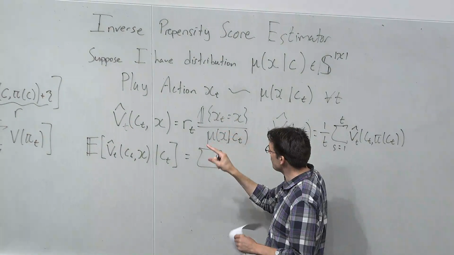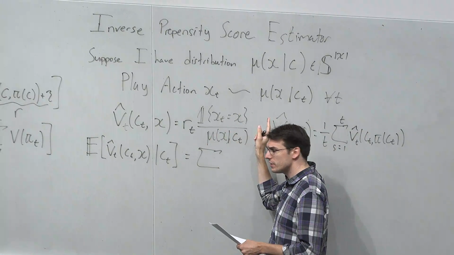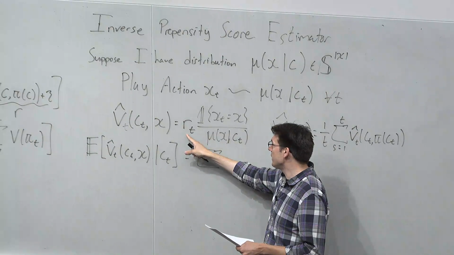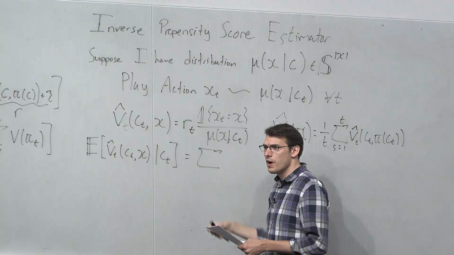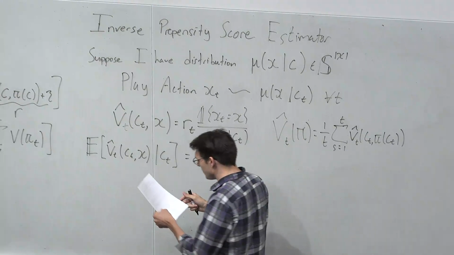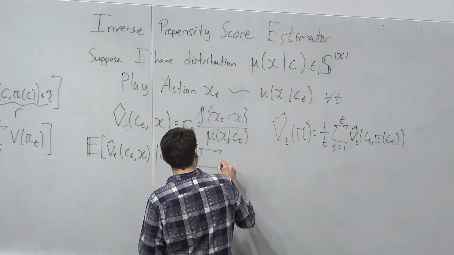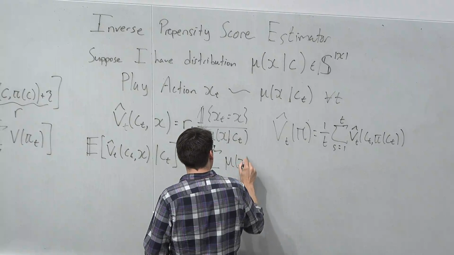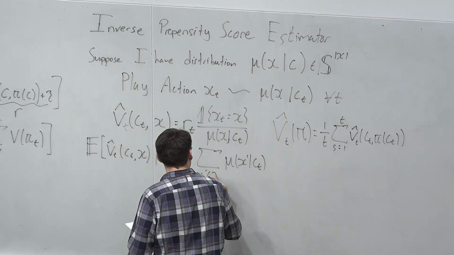Actually, there are two things that are random: the x_t that was chosen according to mu of x given c_t, and r_t. And again, r_t is a noisy but unbiased version of v, the true v of c, x. And so what we have is, I don't know what the x prime is, so I'm going to sum over all x prime.